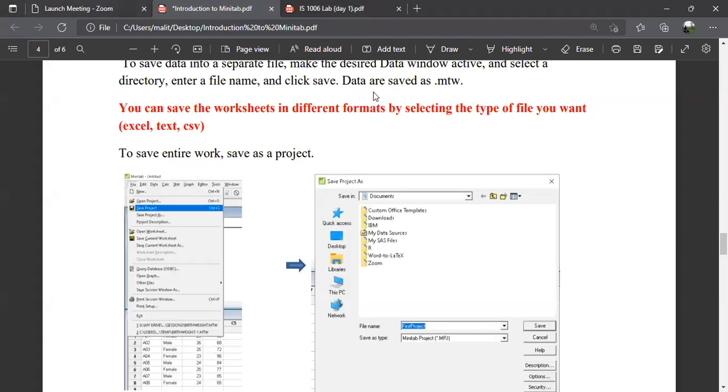So I hope you all have another document called the lab sheet for week 1, right?